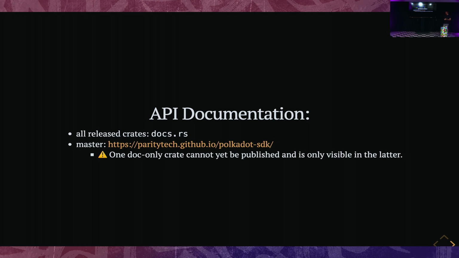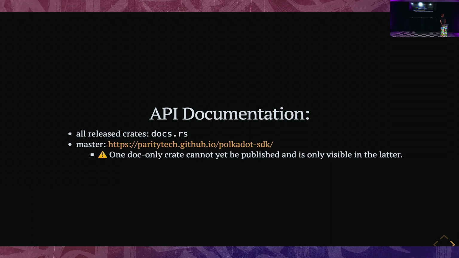One thing to note is that all of the documentation of the published Polkadot SDK releases is, of course, on docs.rs, and the master branch, which is the latest, is hosted on GitHub Pages. And we have some work left to be done, as in we have some crates that are documentation only, but we can't publish them to docs.rs yet because of some technical issues.